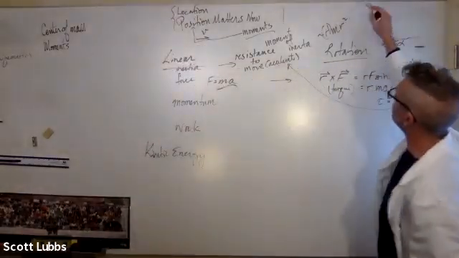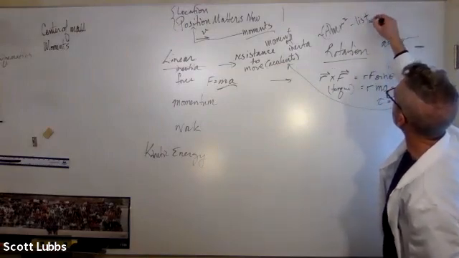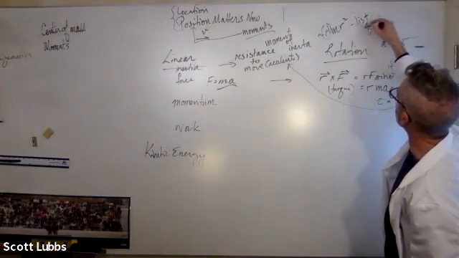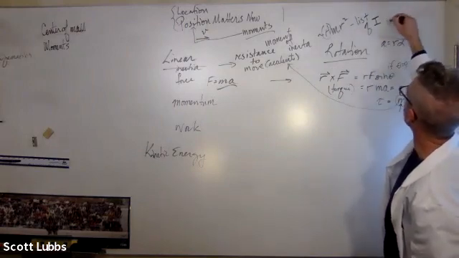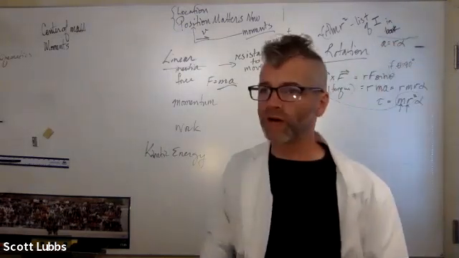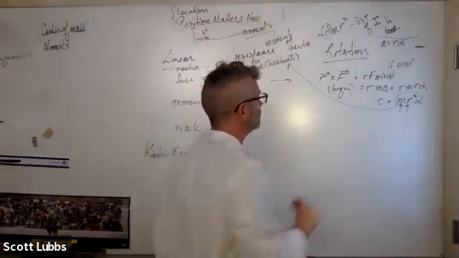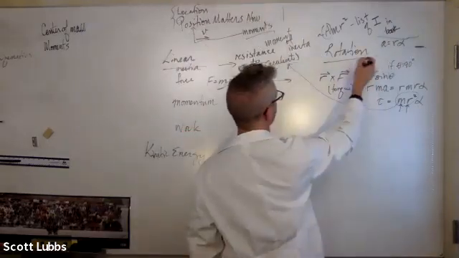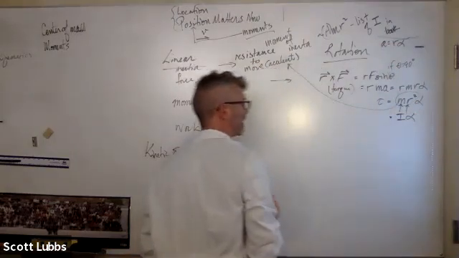But there's a whole list of moments of inertia, called capital I in the book. Could you calculate them? Yes. Will you be asked to? No. So this becomes my moment of inertia times alpha.